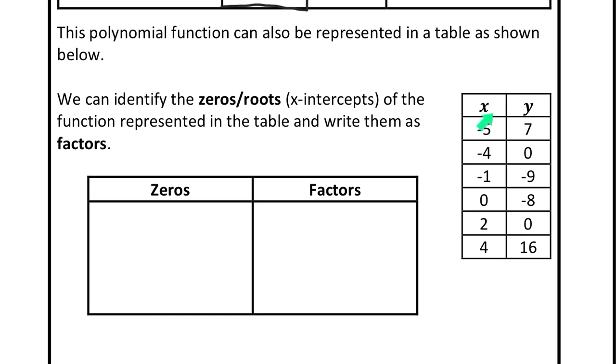Instead of looking at a graph, they might give us a table. And how do we know what the x-intercepts are if we're looking at them in a table? So the x-intercepts are the ones that have y equal to 0. So these have y equals 0.